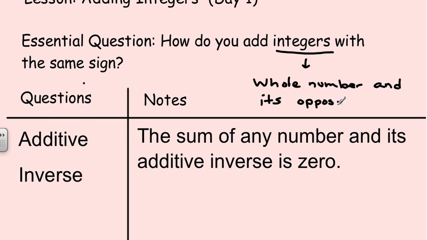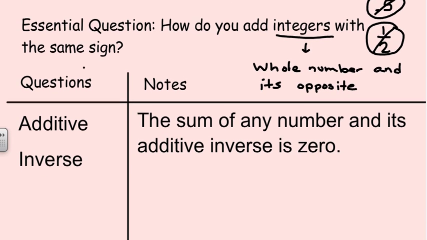So in this case, we are not talking about fractions and we are not talking about decimals. No fractions and no decimals. We're talking about the whole numbers that we count with, 1, 2, 3, 4, 5. The opposites are the negatives, and then 0.